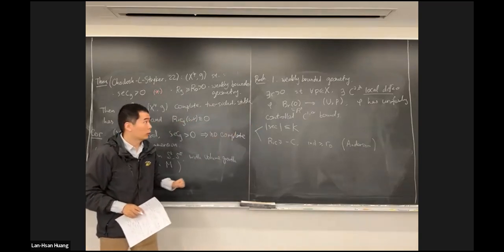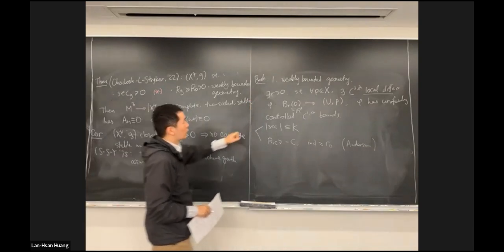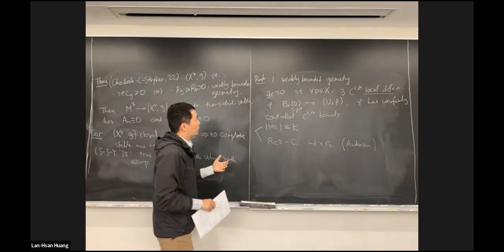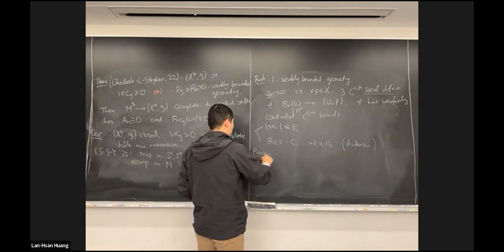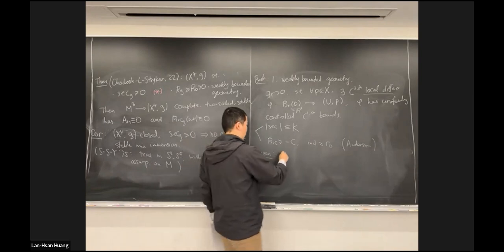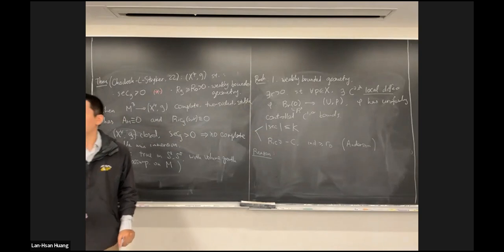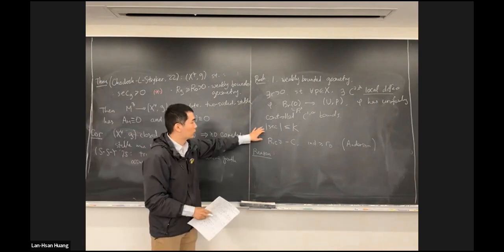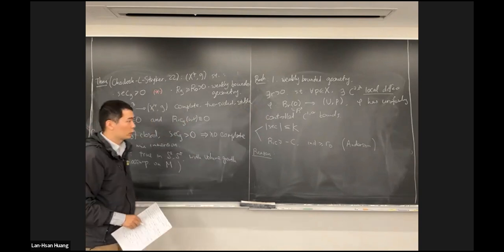So it's interesting to see whether we can remove this, but for our argument, we do need such a condition. Yeah, I'm just writing some sufficient conditions to guarantee this bounded geometry assumption.